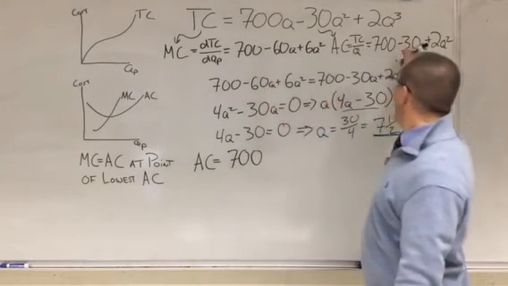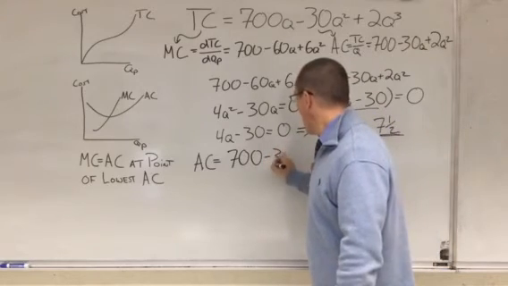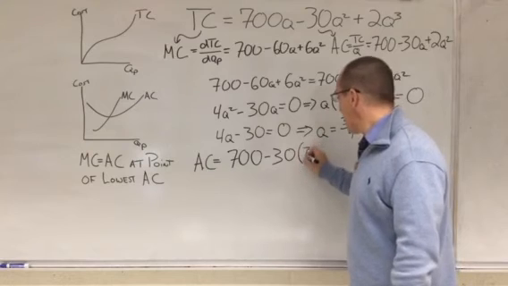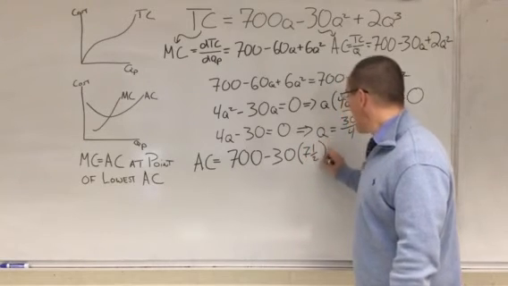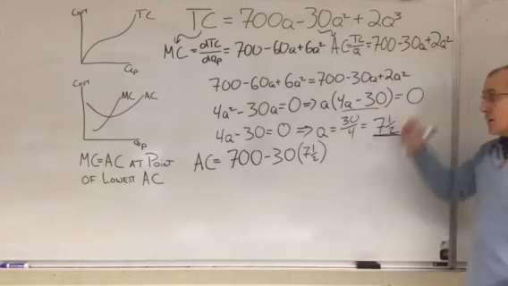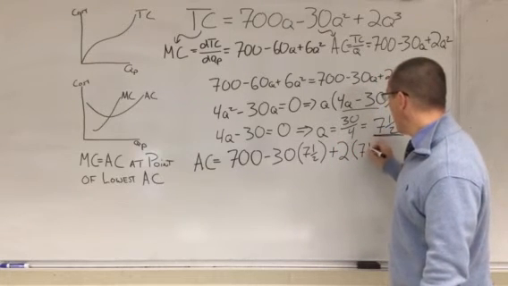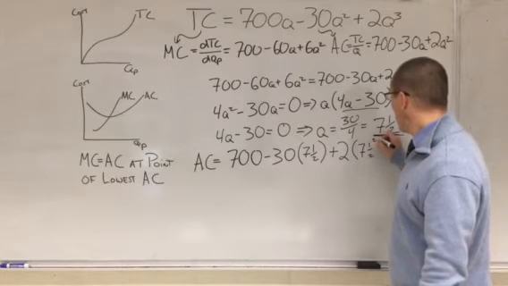700 minus 30 times 7.5 plus 2 times 7.5 squared.